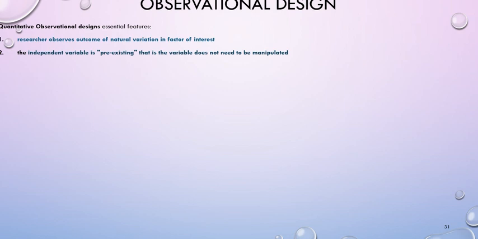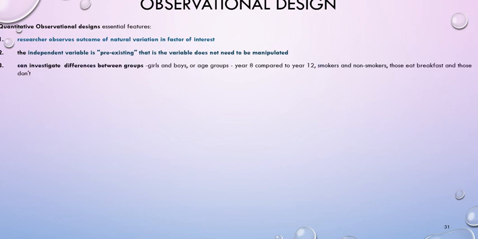I hope you understand that the independent variable is the one that theoretically is manipulated in the lab. In the natural setting, you don't need to manipulate it, it's pre-existing.